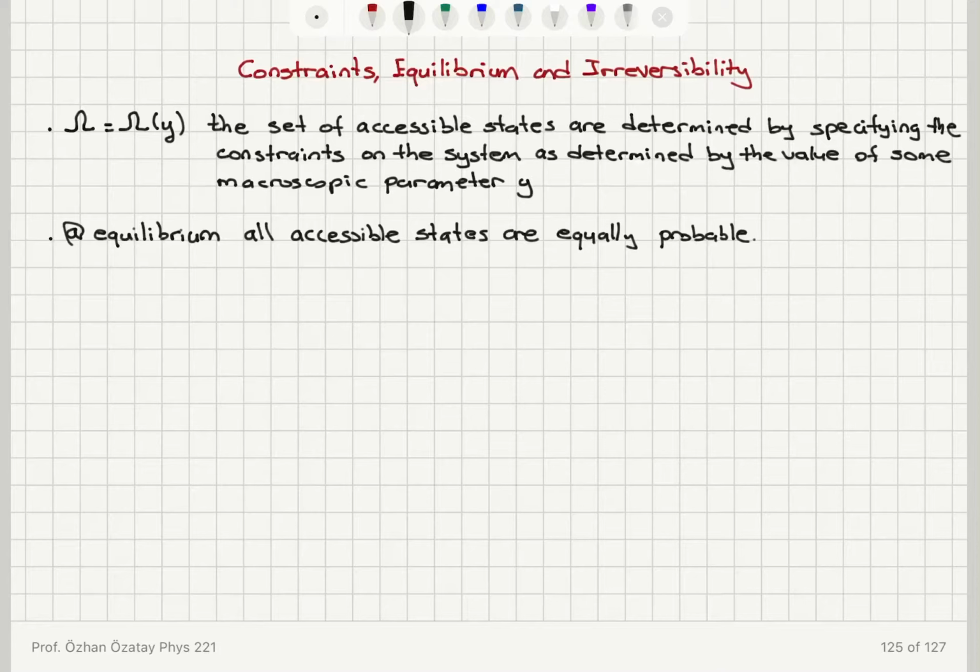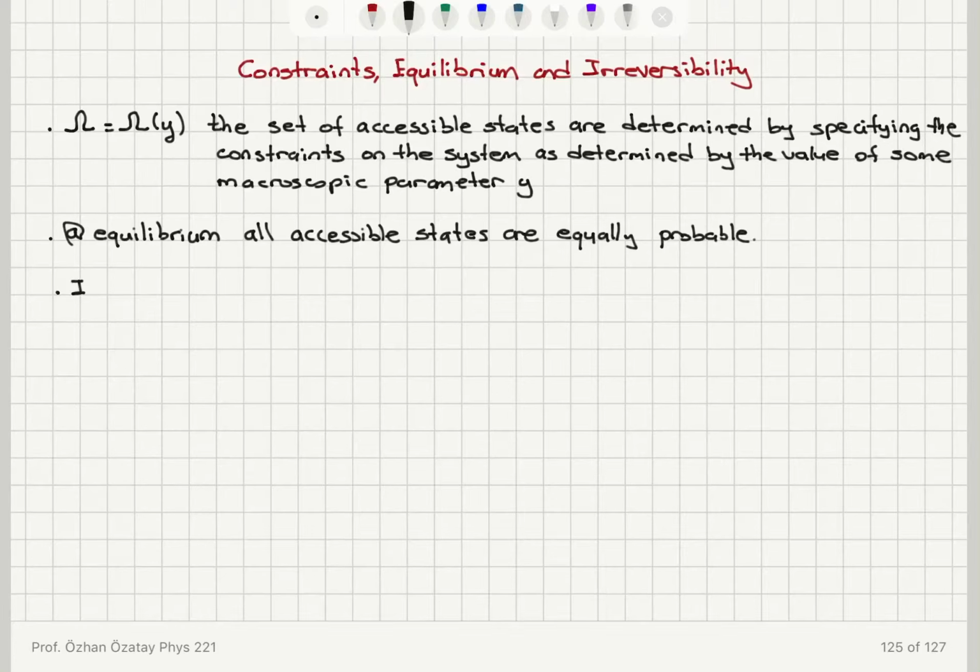For statistical purposes, if we are studying these probabilities, when you form a statistical ensemble of all such systems, they must be subject to the same set of constraints. Remember, in statistical ensembles, we must have similar systems. Therefore, we must have the same constraints applied to those systems in the statistical ensemble.